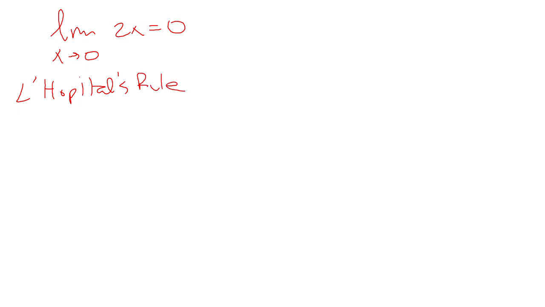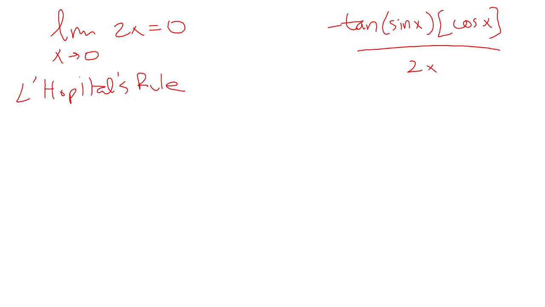And so now we're taking the derivative of the limit that we had, which was negative tangent of sine of x times cosine x all over 2x. So using L'Hopital's rule, we're going to have a kind of annoying numerator to take the derivative of, but the denominator won't be so bad, which is nice. And we know that the denominator is not going to be 0, so we won't have to do this again.